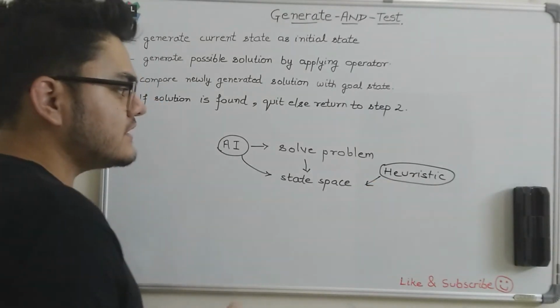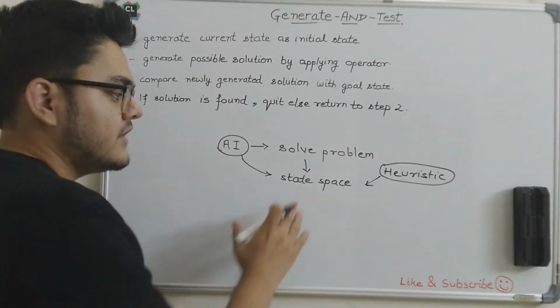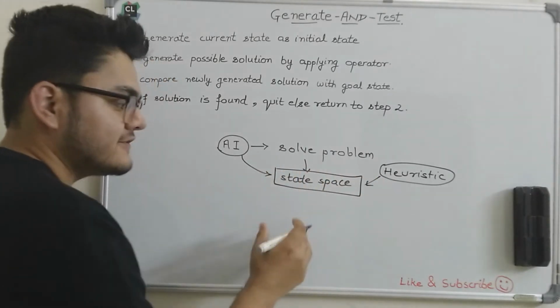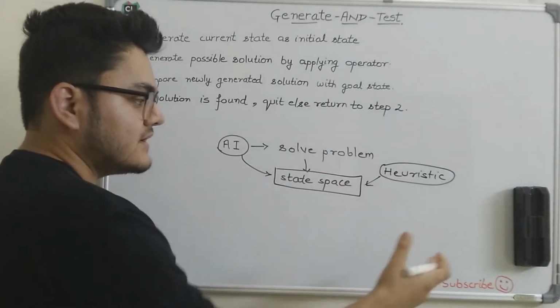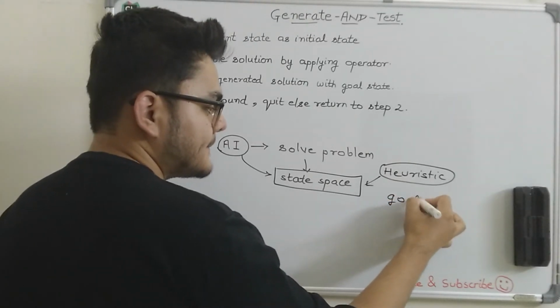There are various algorithms that an AI agent can use to traverse the state space to reach a particular solution, or we can say the goal state, right?